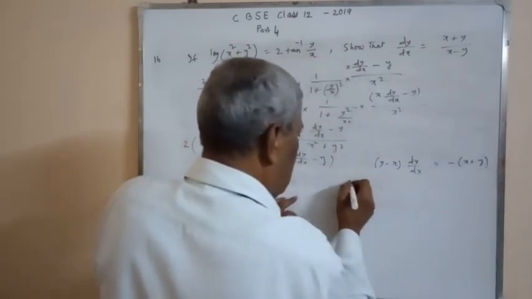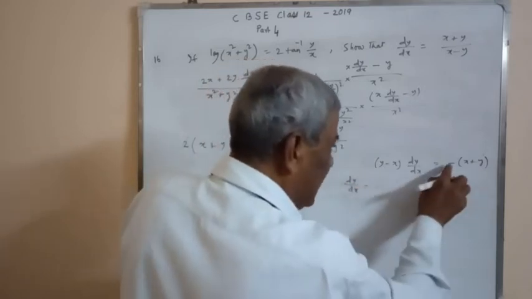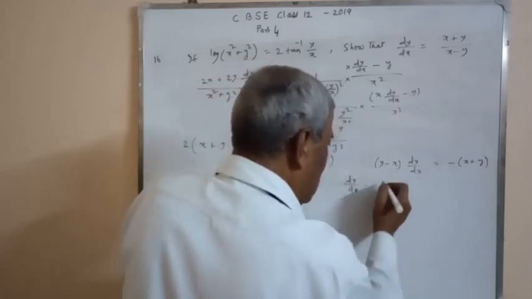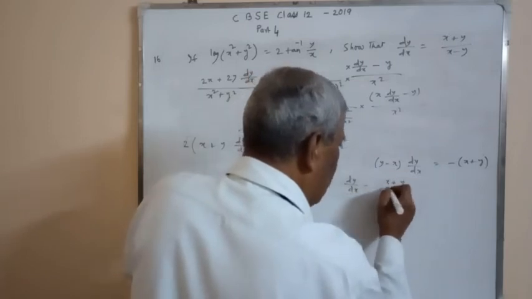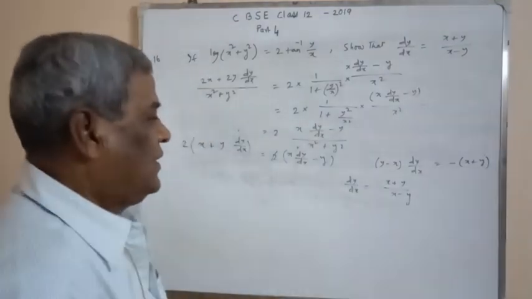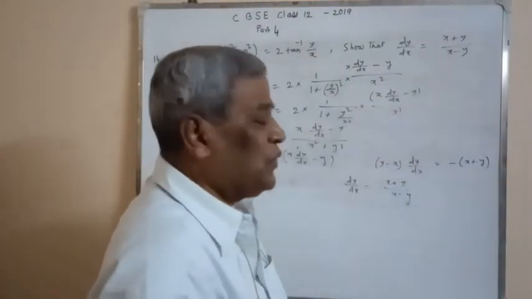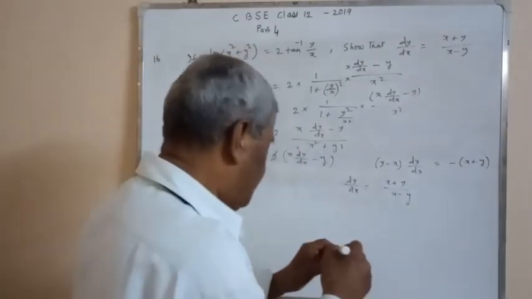That is dy dx is equal to, cancelling negative from this and that, x plus y by x minus y. So we get the result. dy dx is equal to this, and this is our answer.